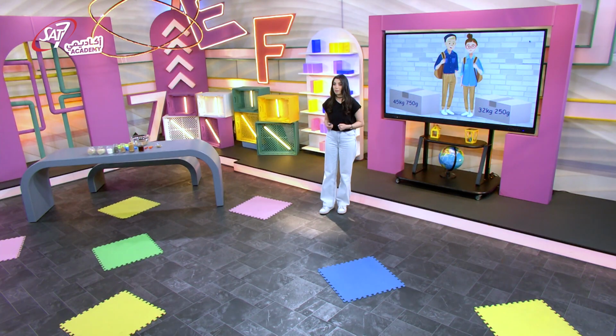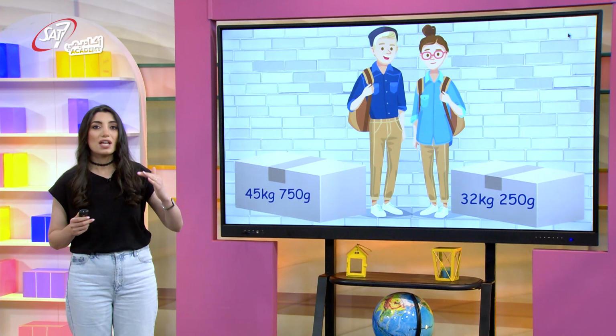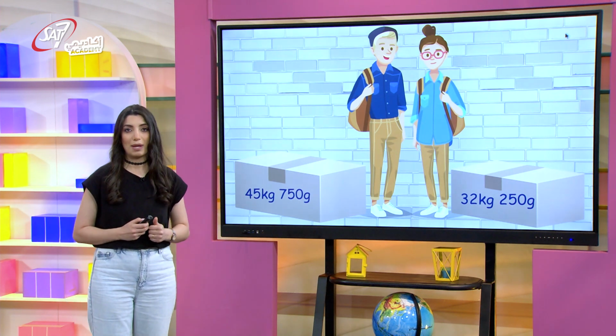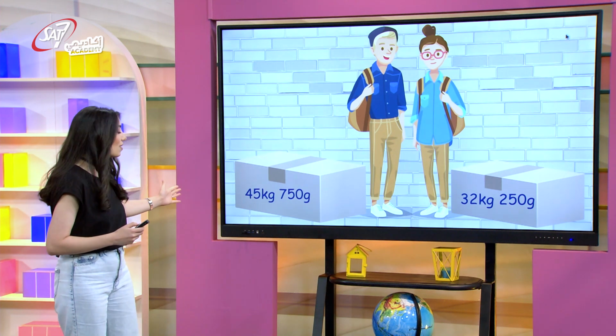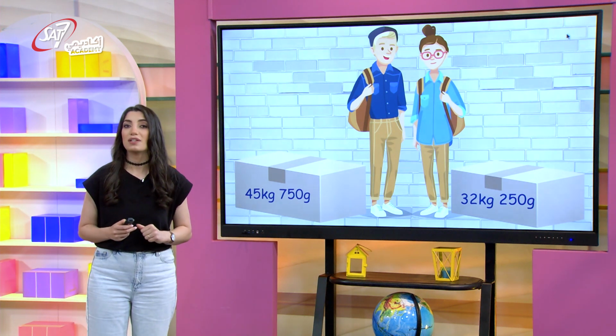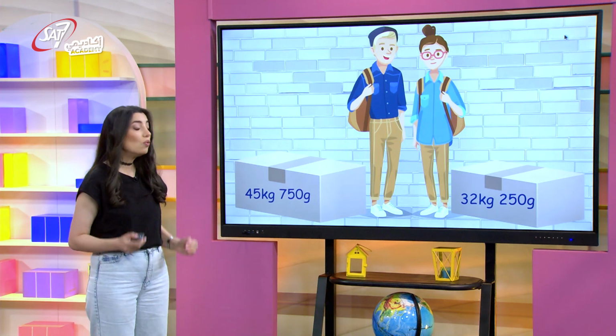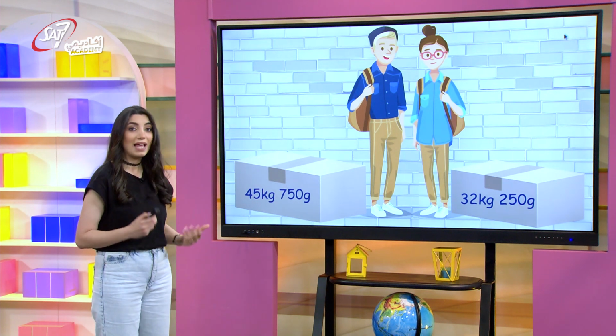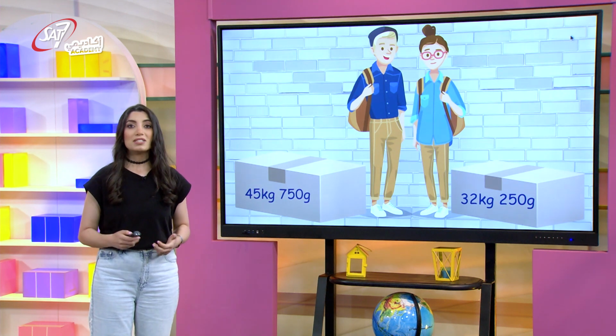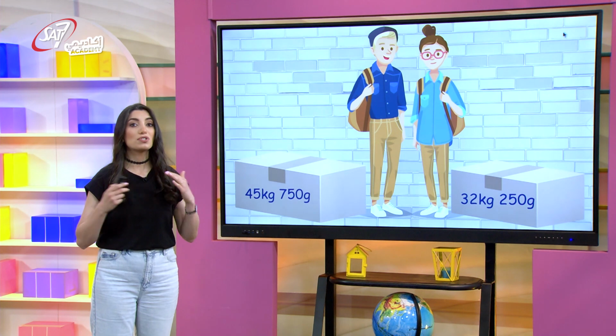Let's compare. Actually, Kamal's box is a bit less than 46 kilograms. It is 45 kilograms and 3/4, while Sarah's box is only 32 kilograms and 1/4. Let's represent those weights in grams only.